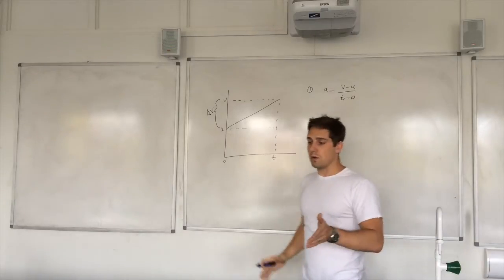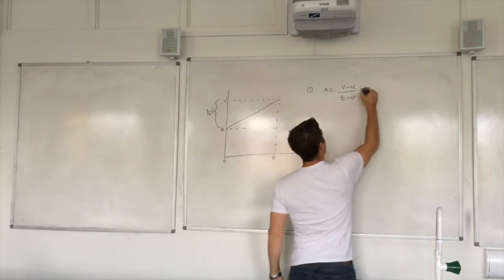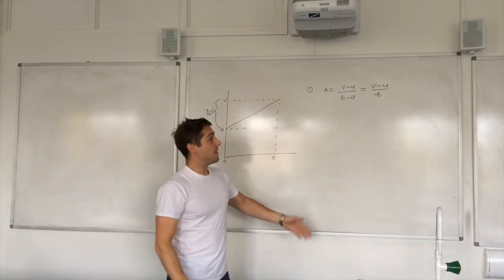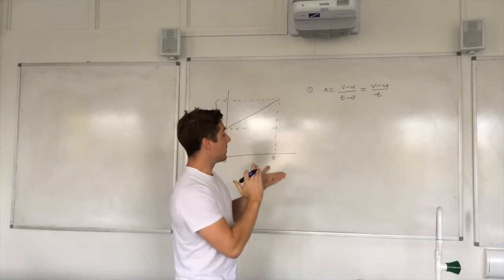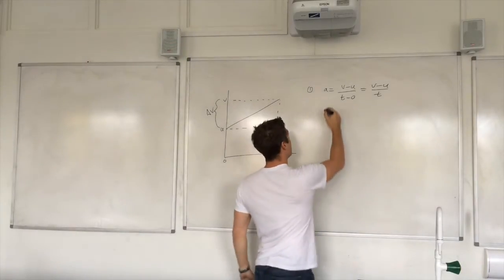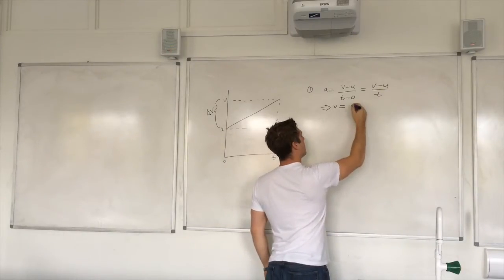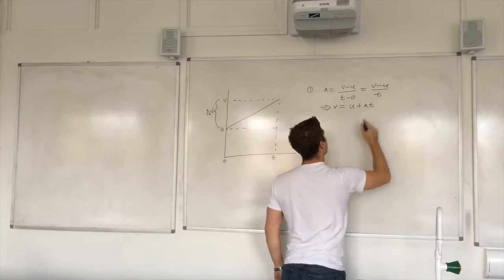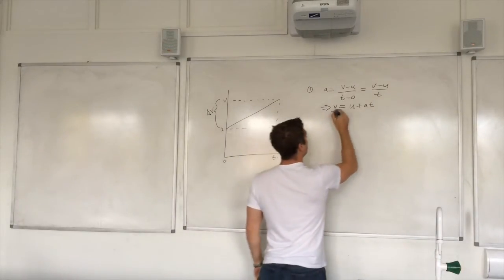If you just wrote T there, that's fine, because T minus 0 is equal to T. Then I wanted that rearranged so that V was the subject: V is equal to A times T, and then added on the U, so U plus AT. That's our first equation there.